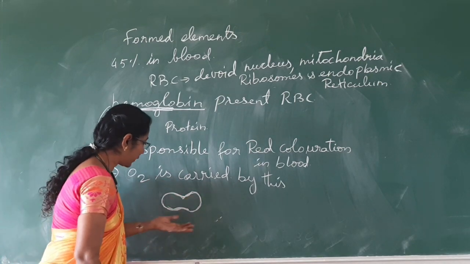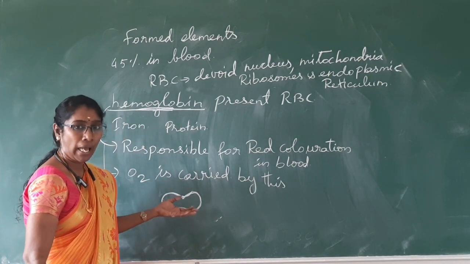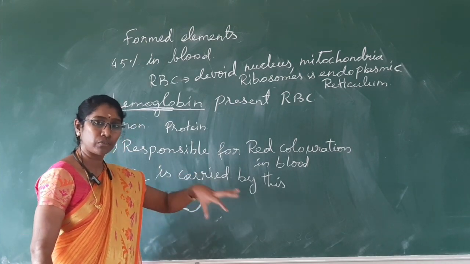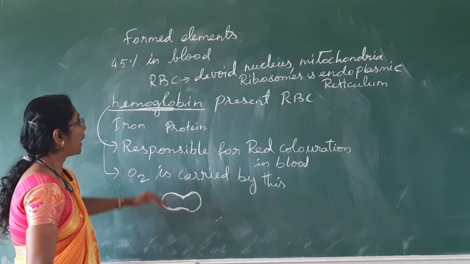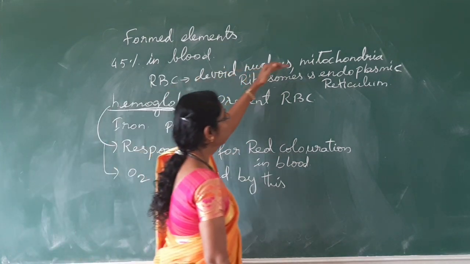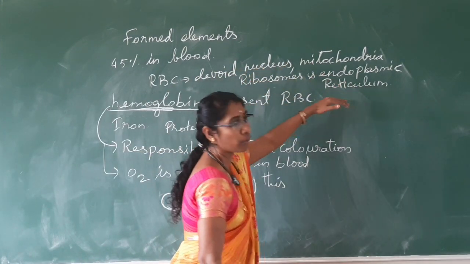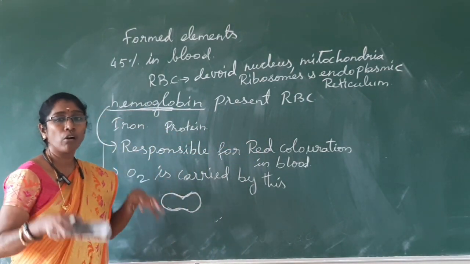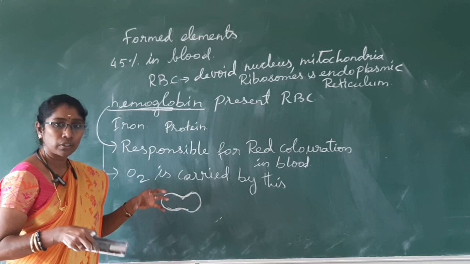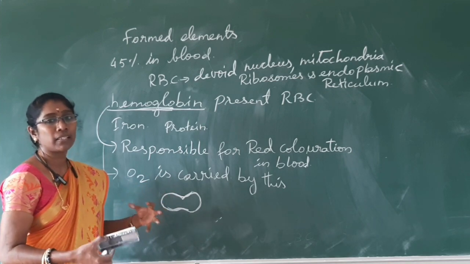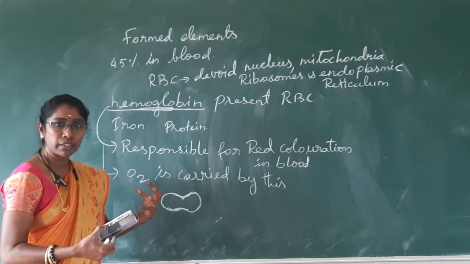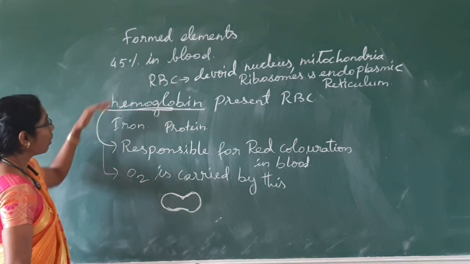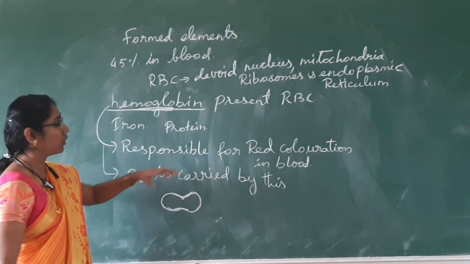So the shape of the RBC helps to diffuse oxygen into the cells easily, and the lack of nucleus, mitochondria, ribosomes and endoplasmic reticulum helps the hemoglobin to capture more oxygen, so that our body gets more oxygen supplied very easily. These are the functions of RBC.